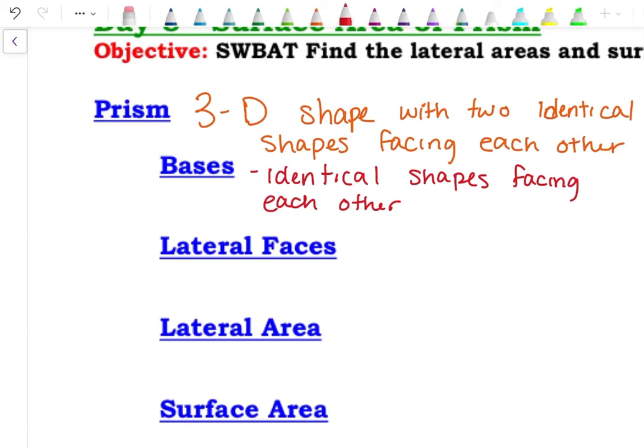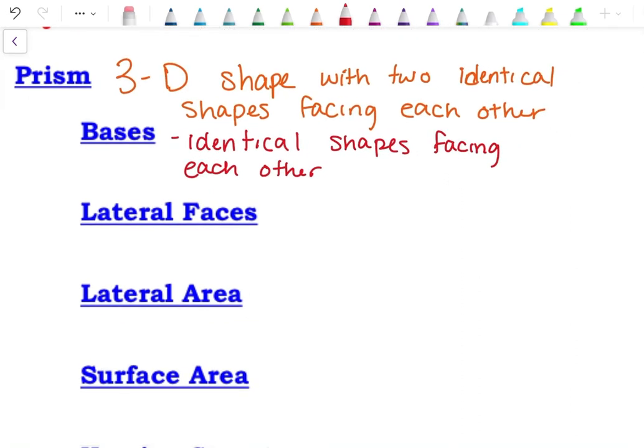It could be any shape, but they've just got to be identical and they've got to be facing each other, so opposite sides of the prism. The lateral faces are going to be the other sides that separate the bases from each other.